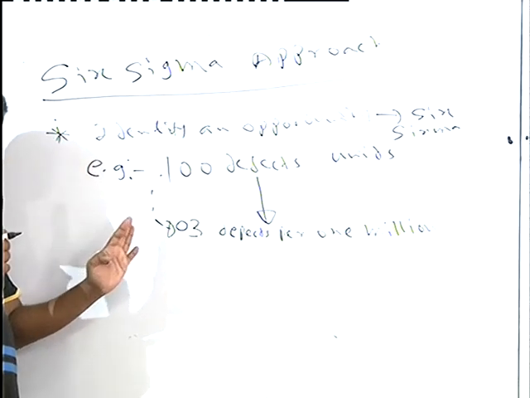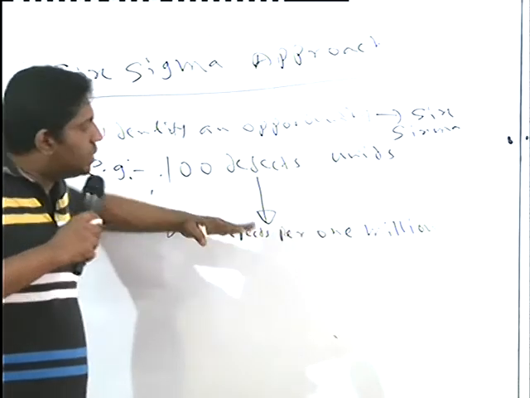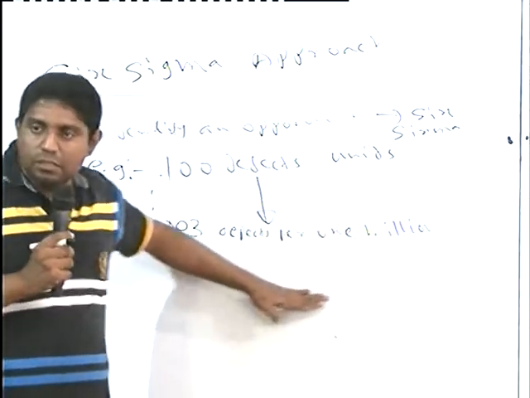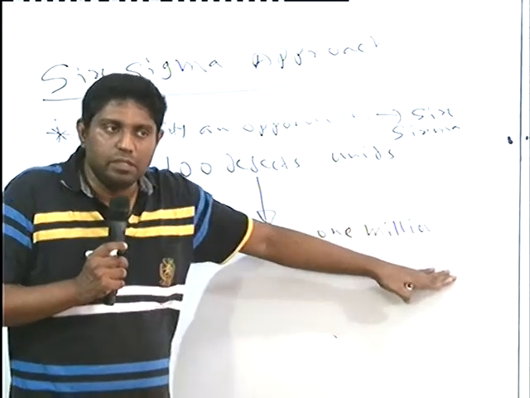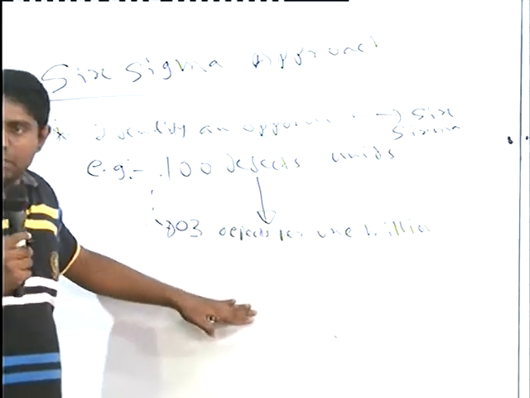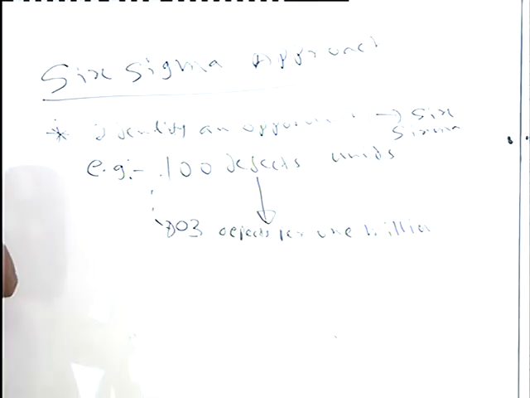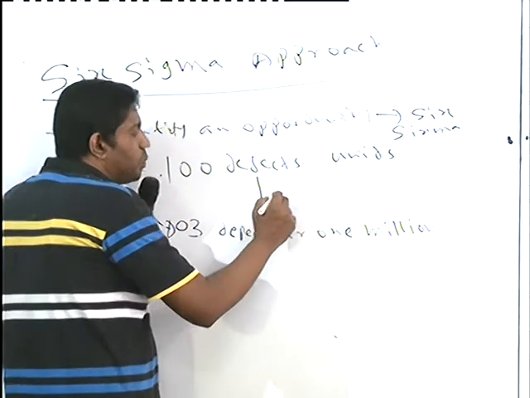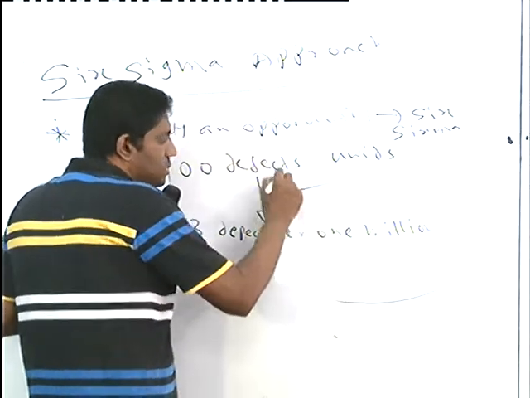Now, we can't achieve this without having a proper approach, right? To achieve this target, we will form a project team. We'll appoint a project team to do this exercise.